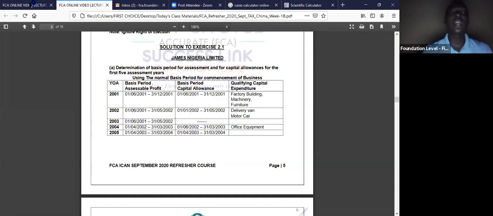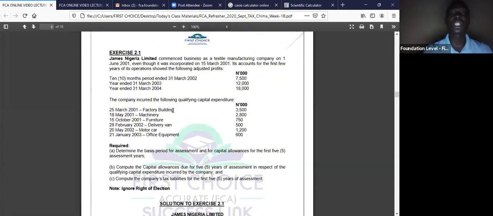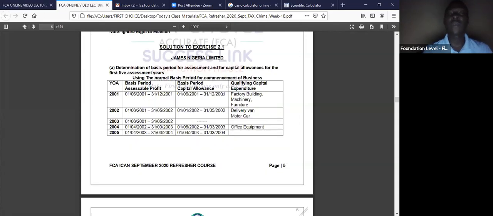Now look at factory building was bought on March 2001. But here we don't have March. What we have here is 1st of June 2001. But how come we are having a factory building that was bought before that date? This was because the business had not started as at March.